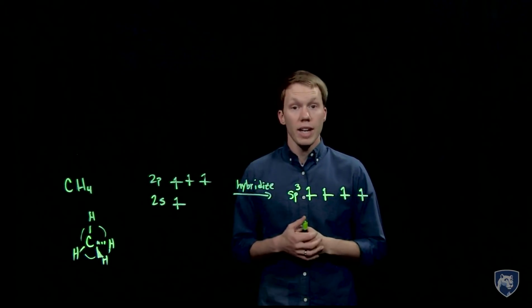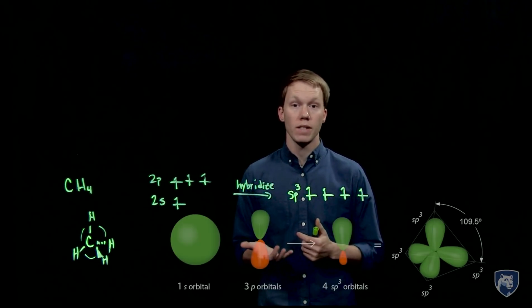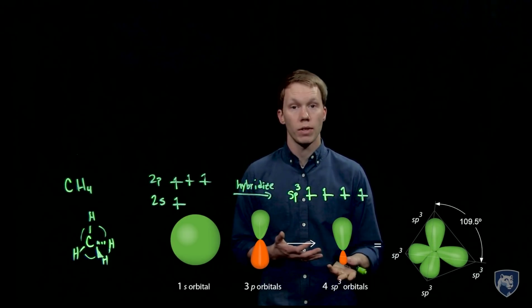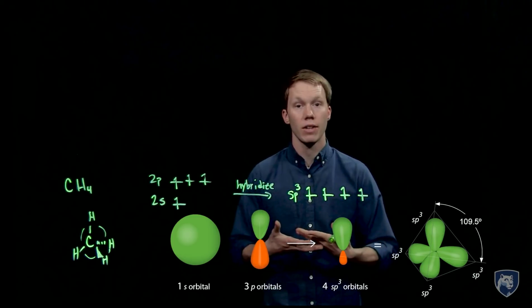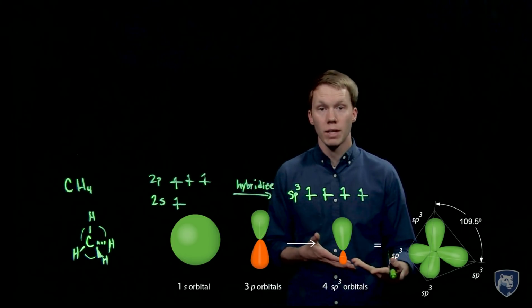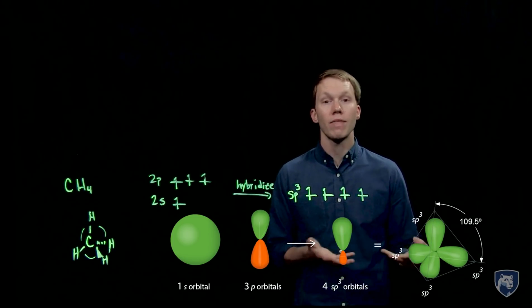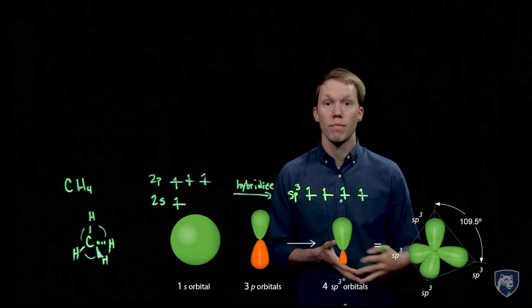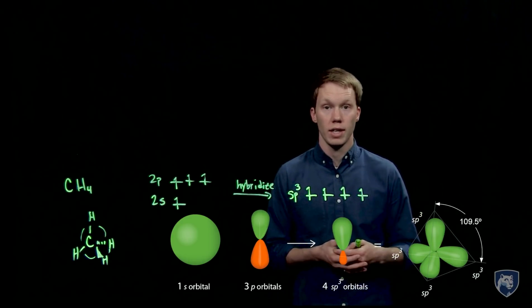Now let's consider the shape of the sp3 orbital. The s orbital is spherical, and the p orbitals, we're going to take 3 of those dumbbell-shaped orbitals and mix that all together. So we might expect that the sp3 orbital will look more like the p orbital, and in fact it does. It's a little bit of a distorted p orbital, with one side larger than the other.